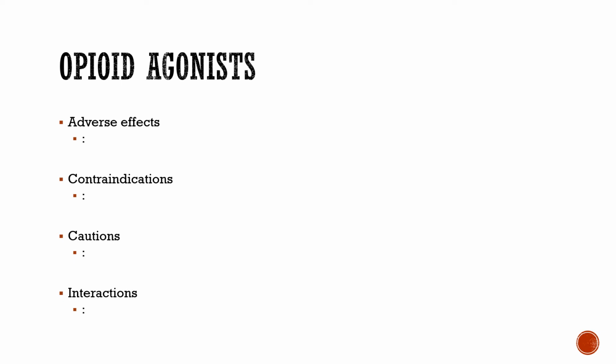Interactions: anything else that's going to depress the CNS, anything that's going to cause that dizziness, drowsiness, would certainly interact, because we're going to just potentiate all of that and further increase the risk for respiratory depression and decreased level of consciousness. It can also interact with antihypertensives.